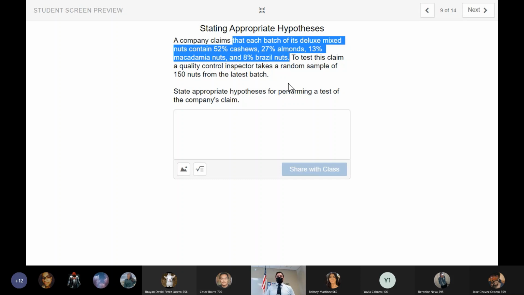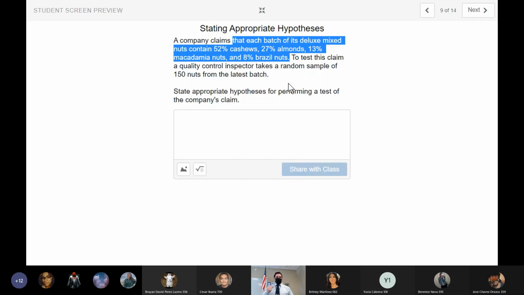So our null hypothesis is that the company's claim that each batch of its deluxe mixed nuts contain 52% cashews, 27% almonds, 13% macadamia, and 8% Brazil nuts is true. Right? All we basically do is take that whole sentence and then just say is true at the end. And we've gotten the null hypothesis.